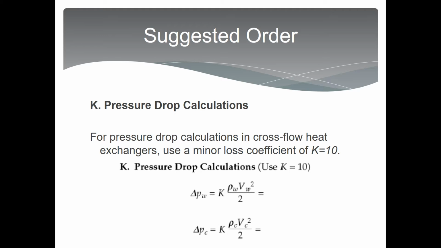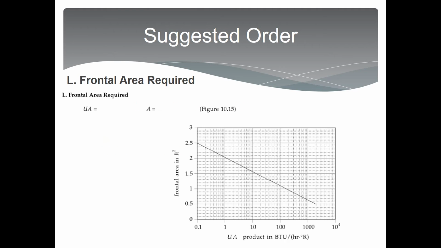For pressure drop calculations, in cross-flow heat exchangers, a minor loss coefficient of 10 is used. The pressure drop for both fluids is equal to the minor loss coefficient times density times velocity squared divided by 2. The frontal area required can be determined using the UA product in unison with figure 10.15 shown below.